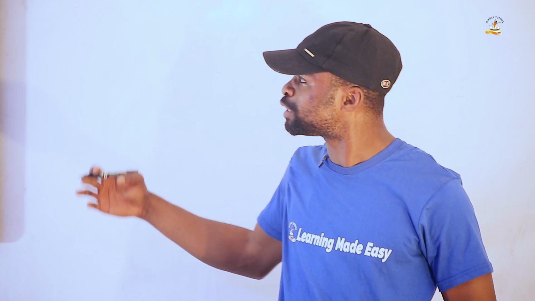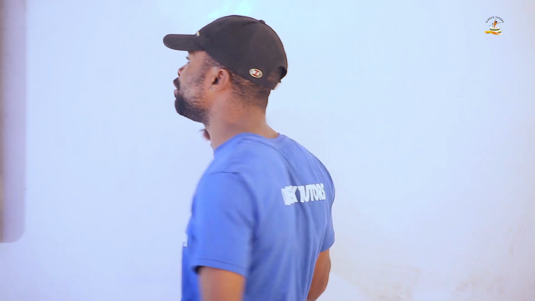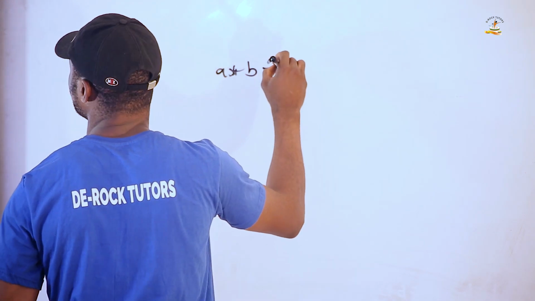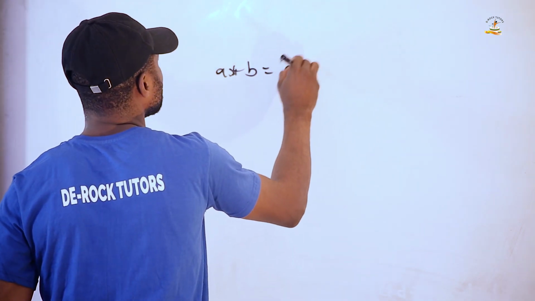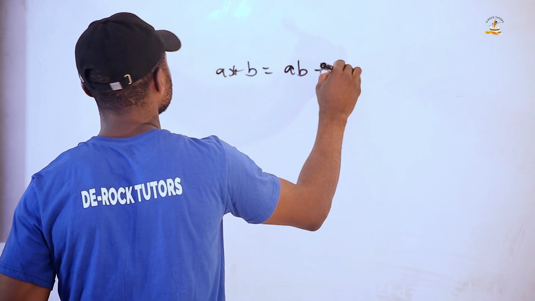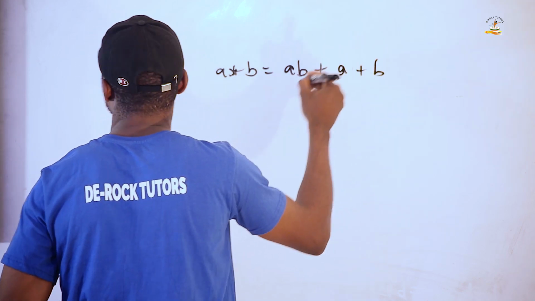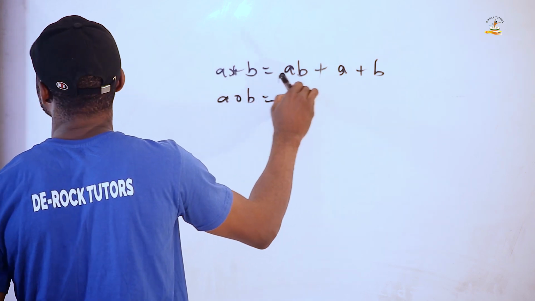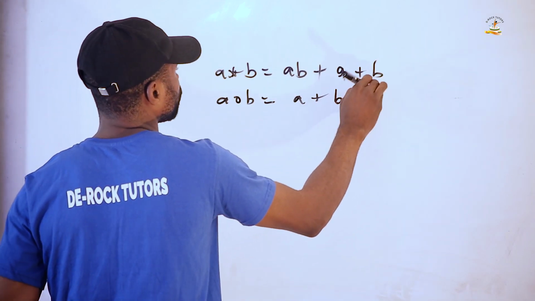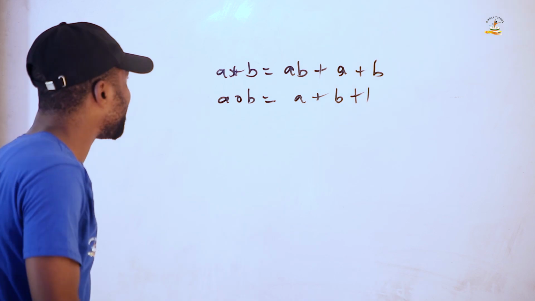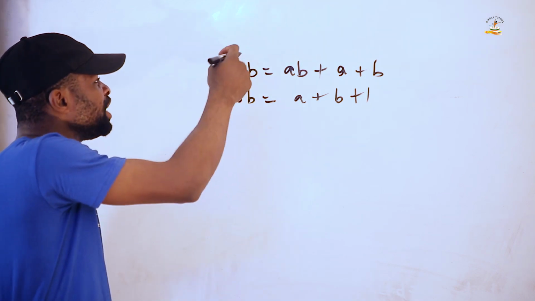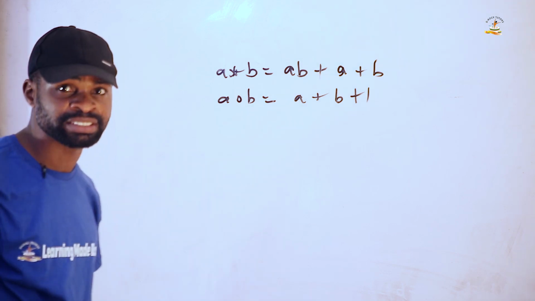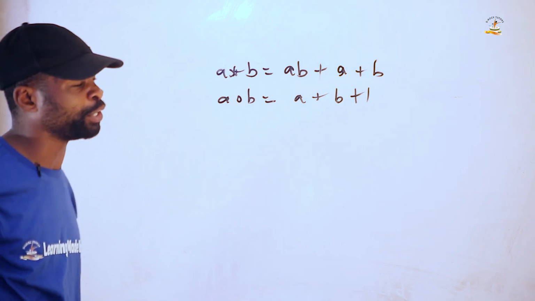So looking at this particular question now, you are given that A asterisk B is equal to AB plus A plus B. And another operation is given as A operation B is equal to A plus B plus 1. Looking at this, there are 2 different operations, and any of these signs could be used to denote binary operation.